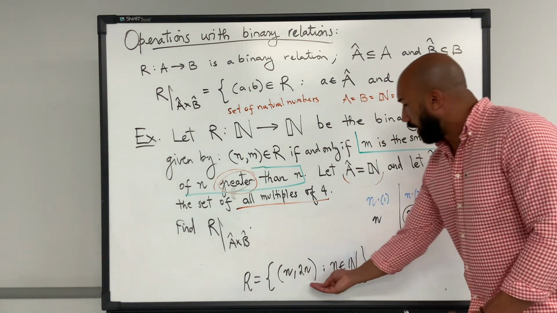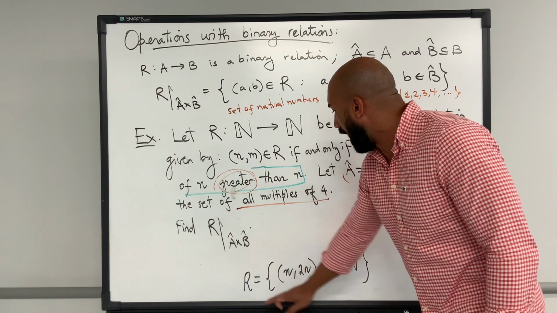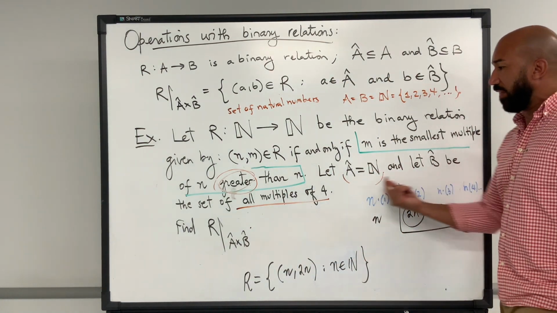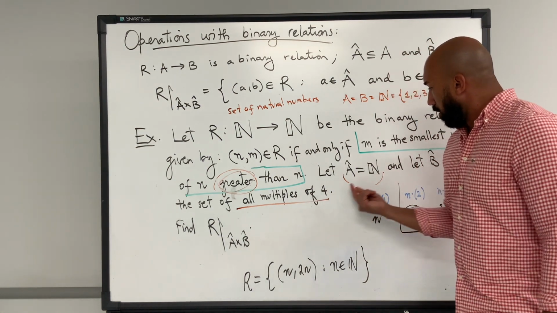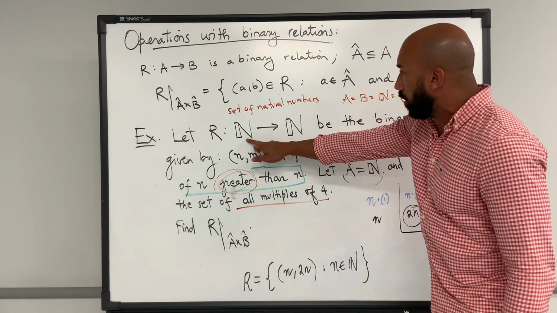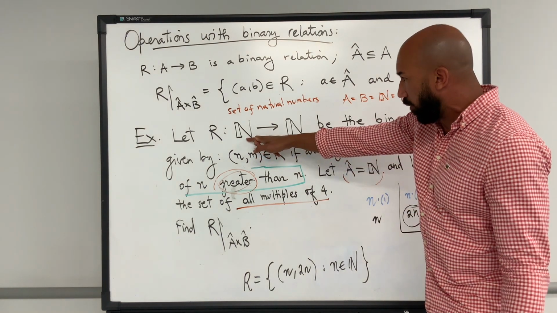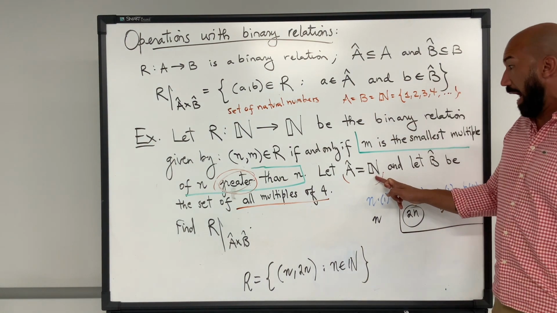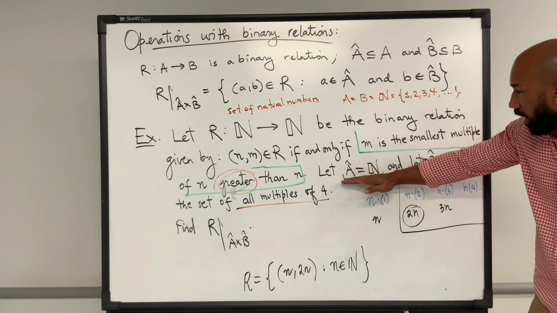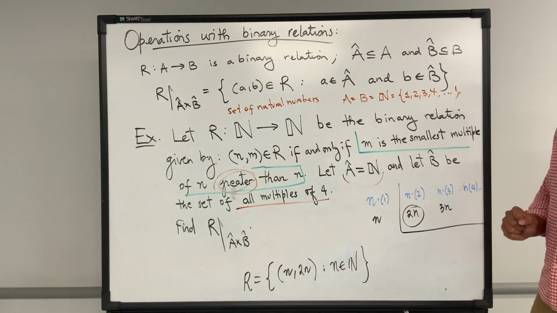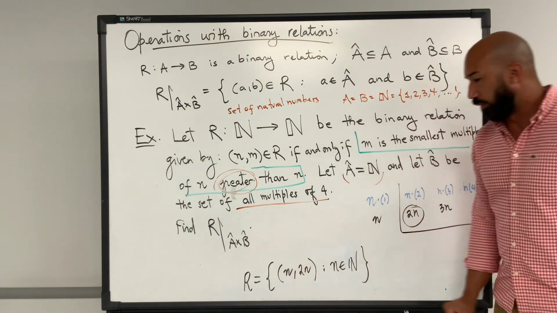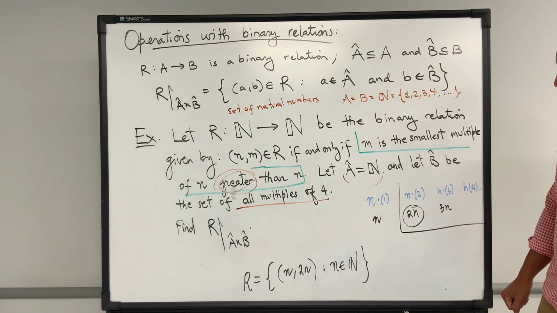So what we need now is to get the restriction of R to the Cartesian product of the set of natural numbers and the set of multiples of 4. But the first component is not restricted, because the first component in the original relation is the set of natural numbers. A hat is exactly the set of natural numbers, so we don't have any restriction imposed by the subset A hat for the first component.